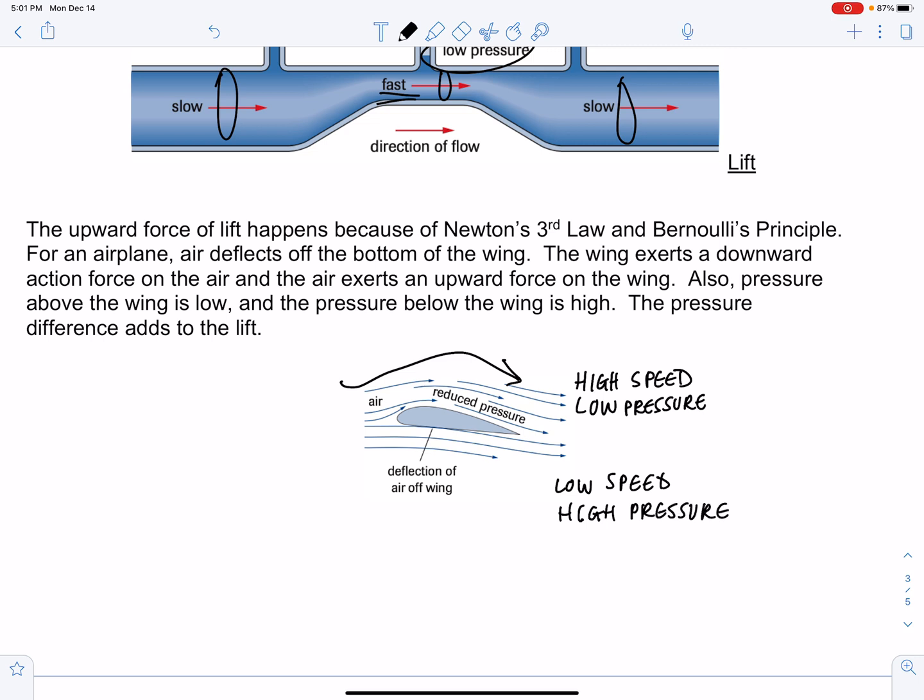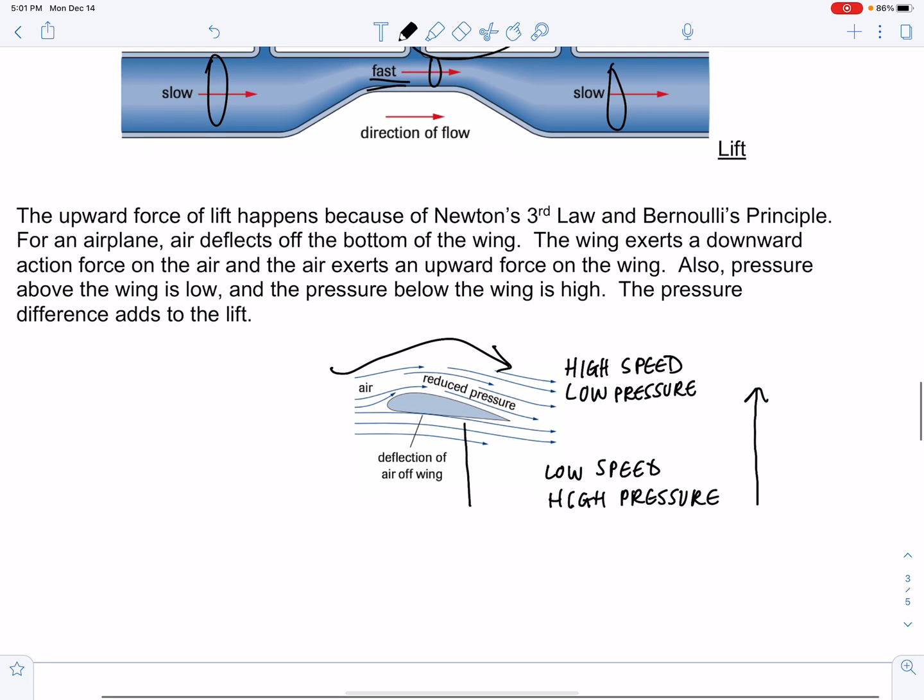Whenever you have high pressure and low pressure, there's always a force that pushes from high pressure to low pressure. Imagine two systems beside each other, one high pressure and one low pressure: the high pressure will push or move towards the low pressure. So the low pressure above the wing and the high pressure below causes a force that pushes up on the wing, and this is called lift.